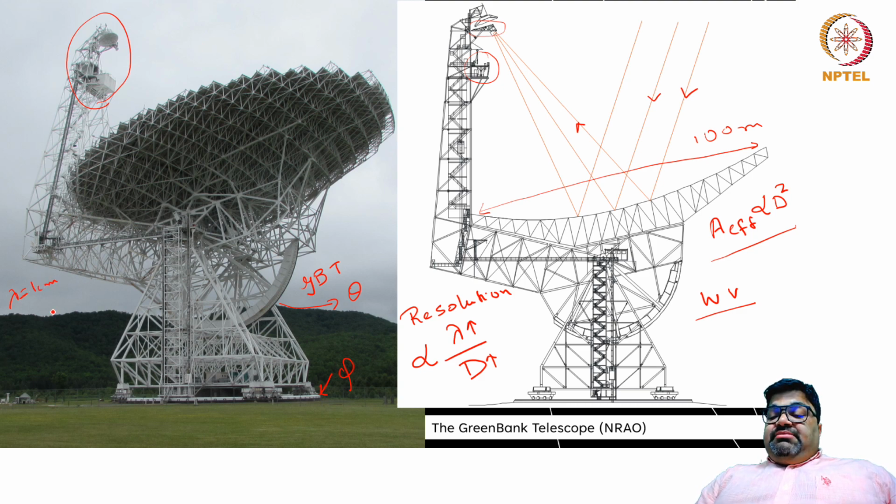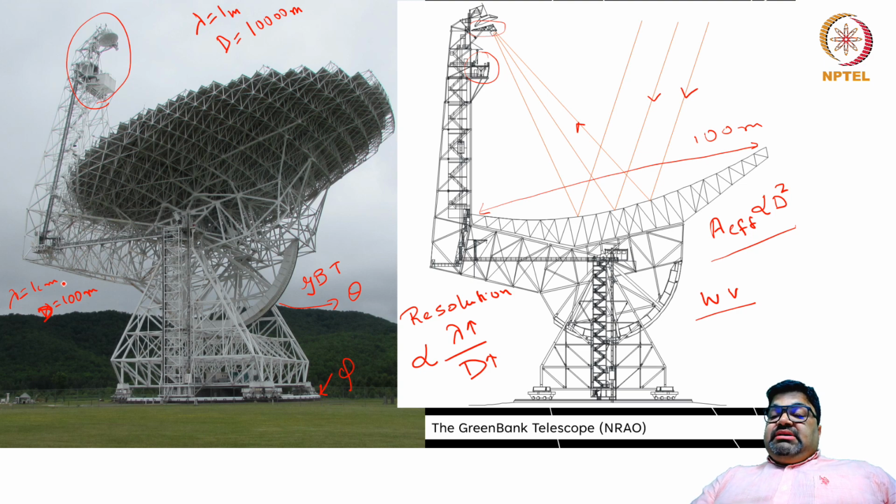Now, if I am making a dish of 100 meters, to preserve the same resolution at lambda equal to, say, 1 meter, or lambda is 1 meter at 300 megahertz, the same dish diameter has to be grown up to, how many zeros are there? This becomes 10 kilometers.